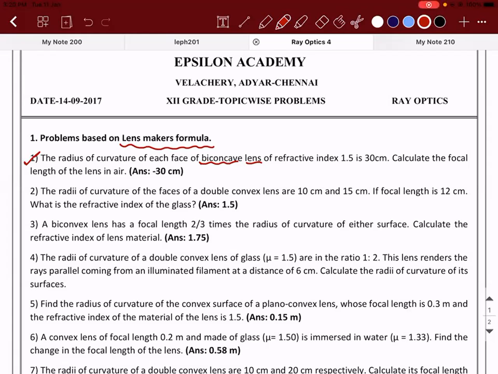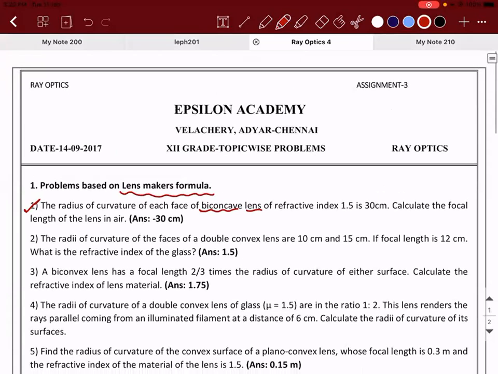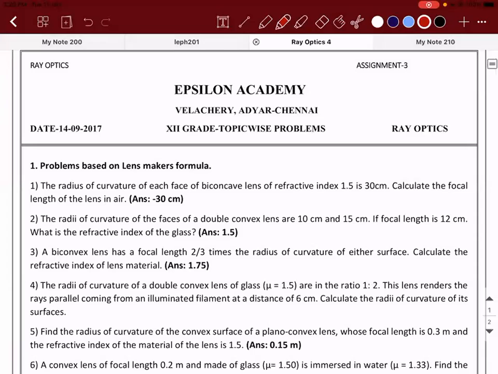So how to solve this? Can you guys try and tell me? So mu2 is how much?